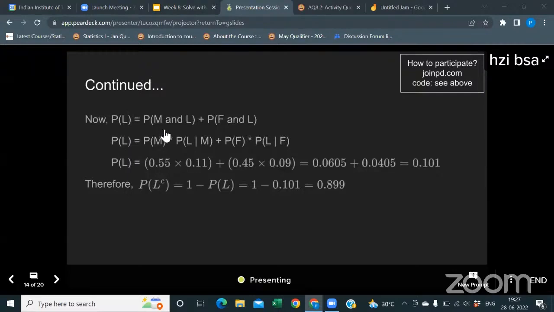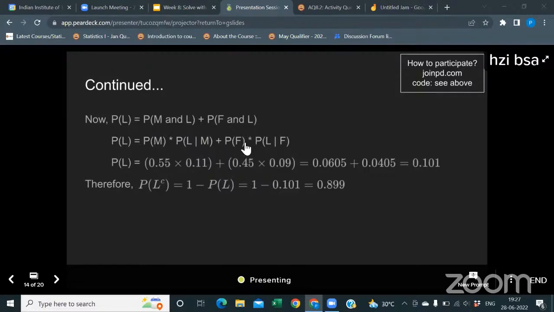Now, the probability of M and L means the probability of M intersection L. I can write this as the probability of M into the probability of L given M, plus the probability of F and L, which I can write as the probability of F into the probability of L given F. The probability of M, the probability of L given M, the probability of F and the probability of L given F are all given to you.